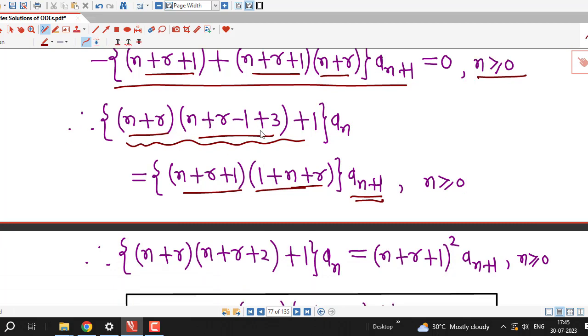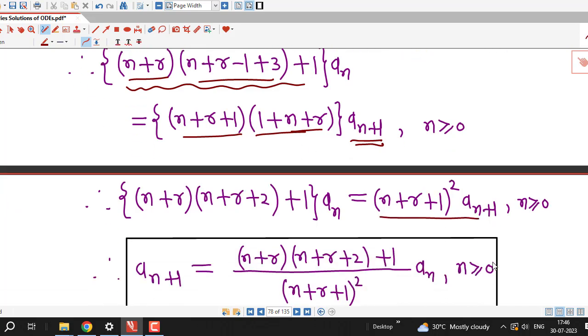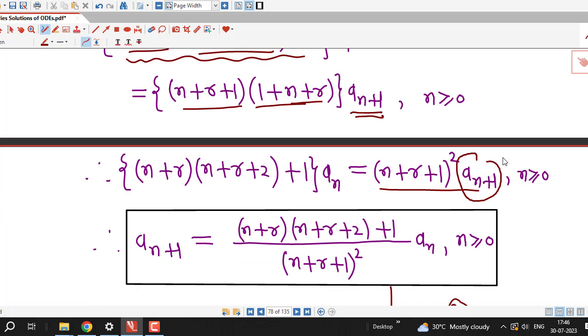So (n plus r plus 2) plus 1, a(n) equal to (n plus r plus 1) whole square a(n plus 1), and therefore this quantity equal to this quantity divided by square of (n plus r plus 1). N takes the values 0, 1, 2 and so on. This is the recurrence relation for the coefficients of our assumed series solution.